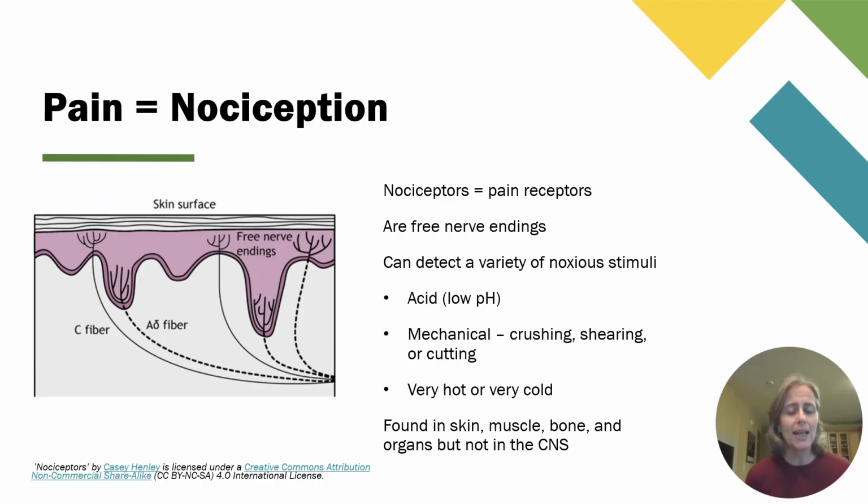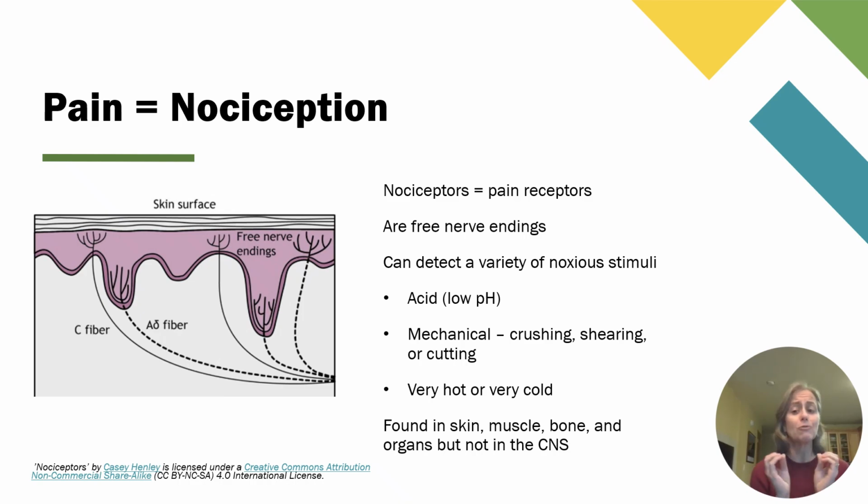So let's talk about pain. Pain is otherwise known as nociception, and so our pain receptors are nociceptors. Just like thermoreceptors, they are free nerve endings, and they have a variety of noxious stimuli that they can sense. So pain is actually a useful signal to us that there is something happening that might be damaging or harmful to a part of our body.